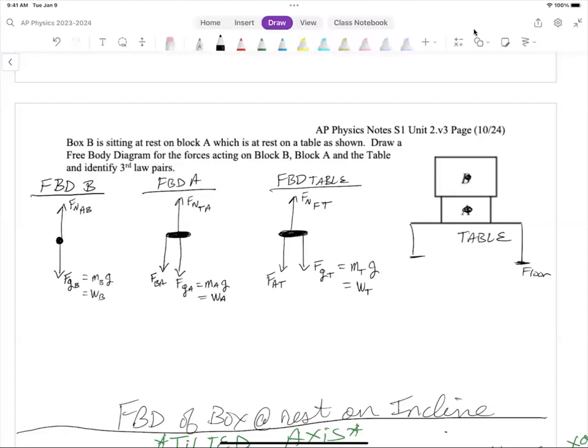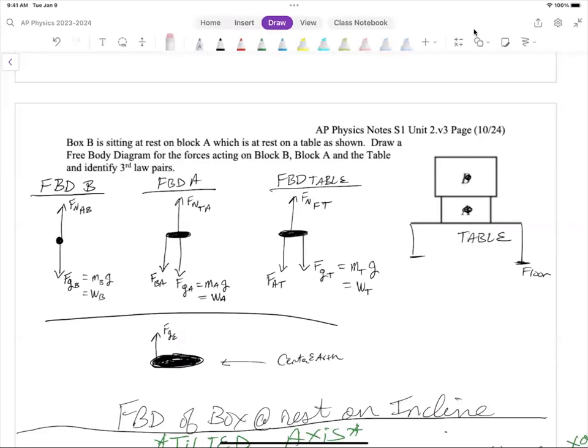Now, let's draw the center of the Earth. This one I've got to do big. It wasn't in the instructions. This is the center of Earth. Isn't block B putting a force upward?